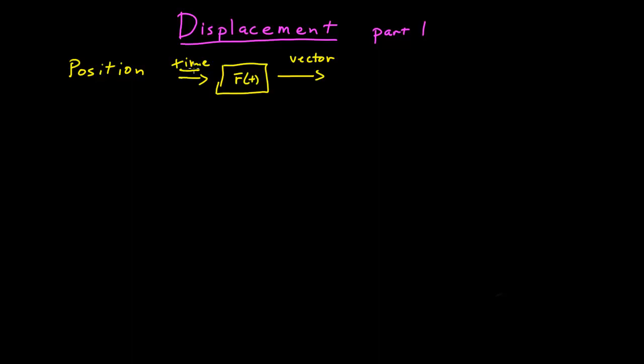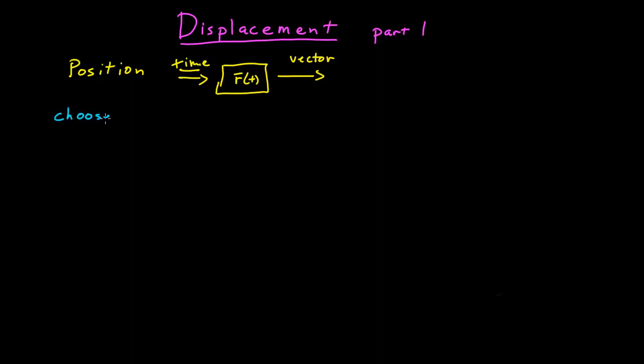And this location was referenced to a coordinate system, so this assumes some sort of coordinate system through which this was defined. Okay, so the position function tells us, or can tell us, the position of an object at any time.